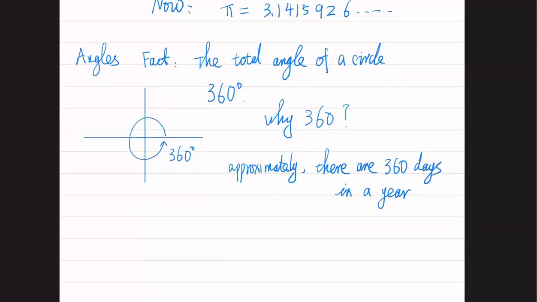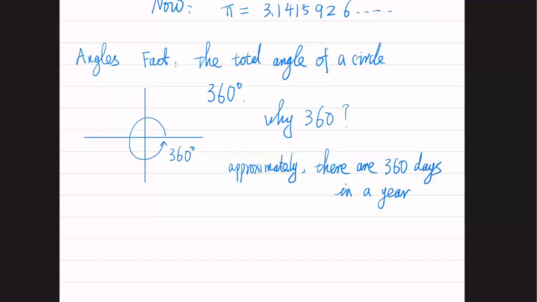Okay, so this is one reason. It's not accurate, but this is one of the reasons why the total angle is 360, because we want to go around this in one year.